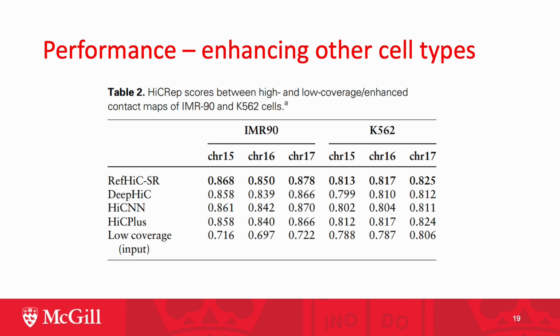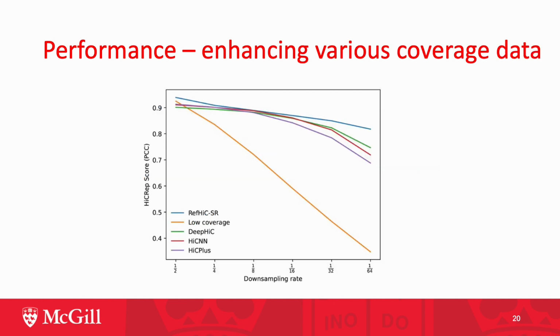We applied each tool to enhance low coverage contact maps of two cell lines and compared their enhancement to high coverage contact maps. These HiCRep scores indicate that RegSys SR outperforms other tools in enhancing Hi-C data of other cells.